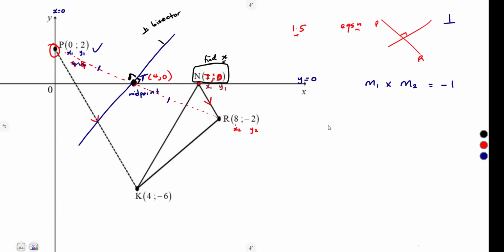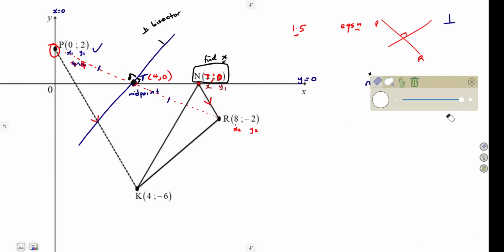But if you have two lines, as we have here, we consider the gradient of one to the gradient of another. So in our case, let's take M1 as the gradient of the perpendicular bisector and M2 as the gradient of PR.